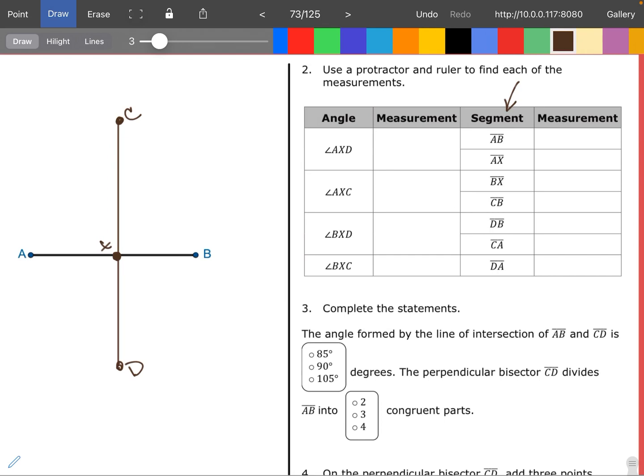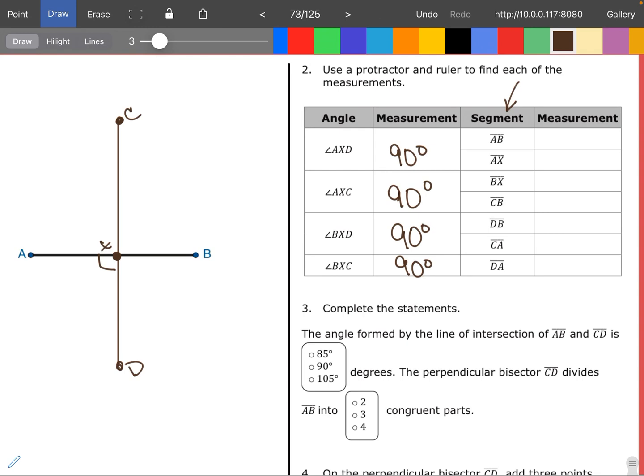So as we're going through here, what we find out with the measure of AXD is that it should be a 90-degree angle. AXC would also be a 90-degree angle, and BXD would also be a 90-degree angle, and BXC also a 90-degree angle.